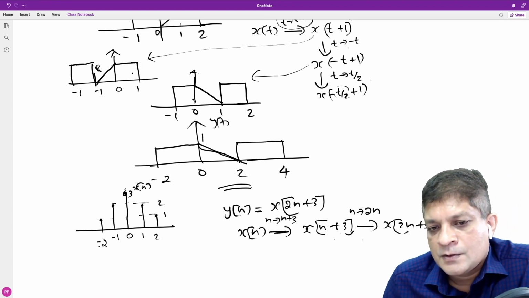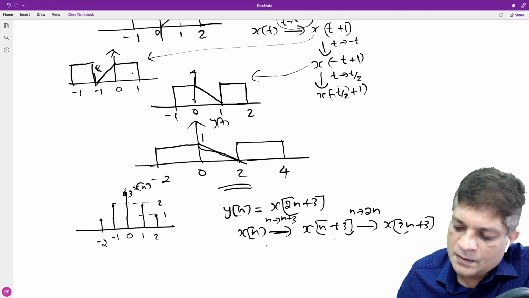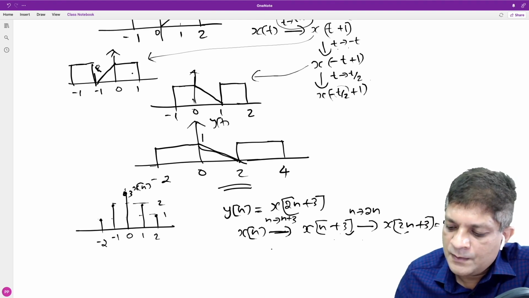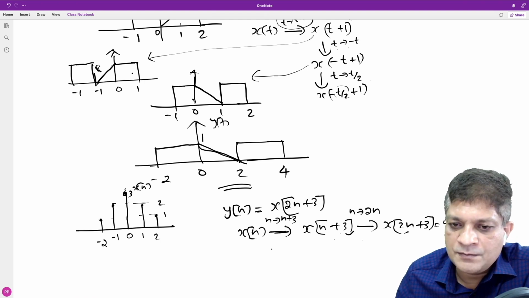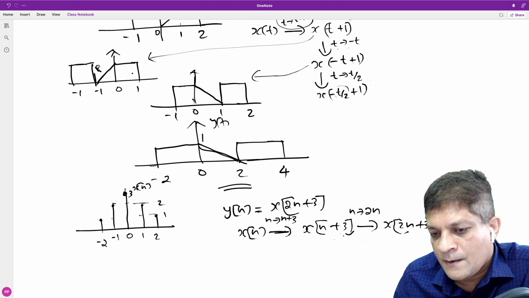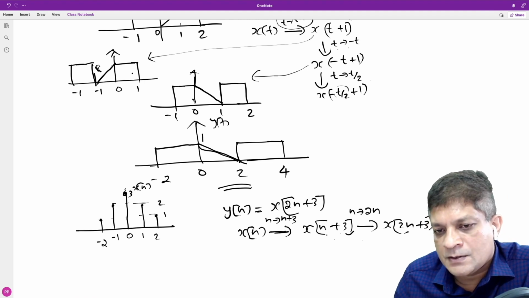This is y[n]. In this case, first we are doing the time shifting and then scaling.